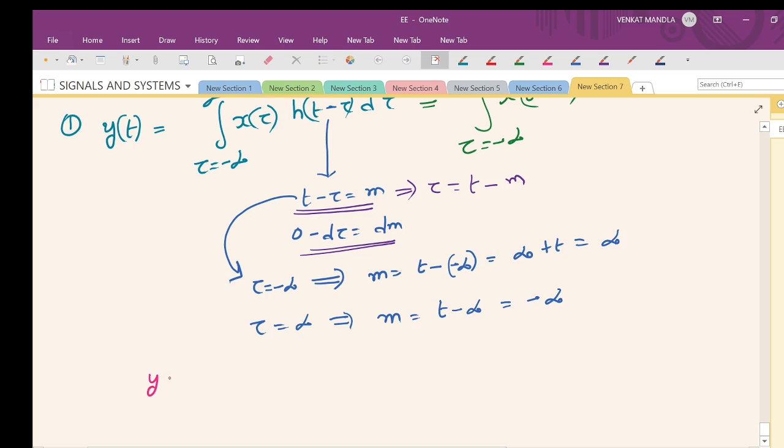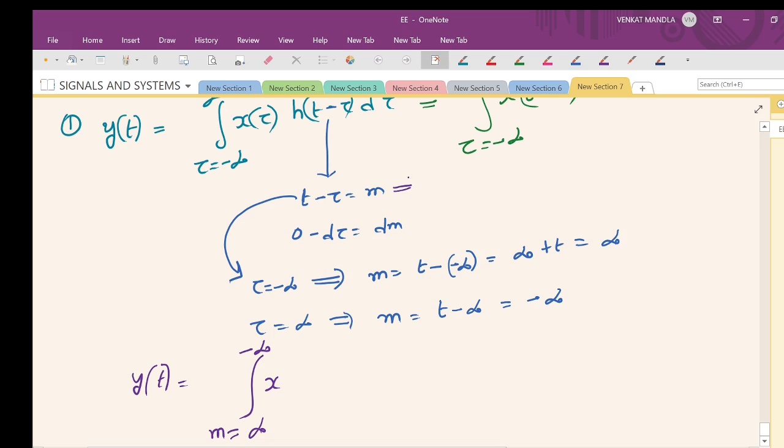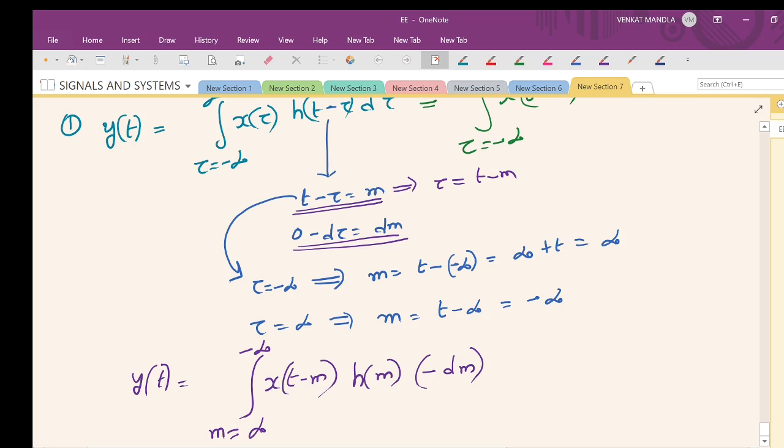Now y of t equals, if tau equals minus infinity, m equals plus infinity, right? The m limits are plus infinity to minus infinity, and x of tau. From this, tau equals t minus m, so h of t minus tau, the t minus tau is m, and d tau is minus dm, right?